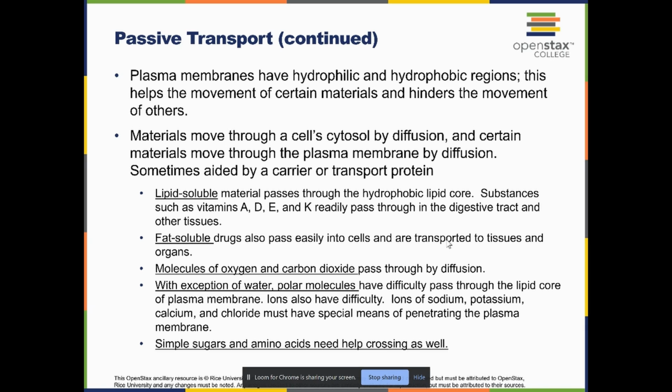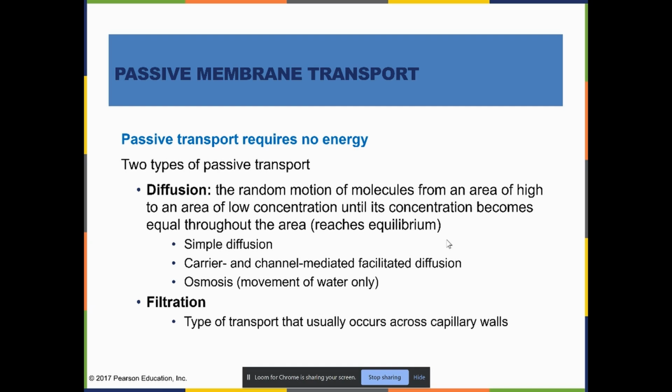Whereas something that is highly polar, something that is large or charged, like simple sugars, amino acids, ions, a lot of water molecules, is going to need help. They're going to need a channel or carrier protein to help them move from high to low concentration across the plasma membrane.